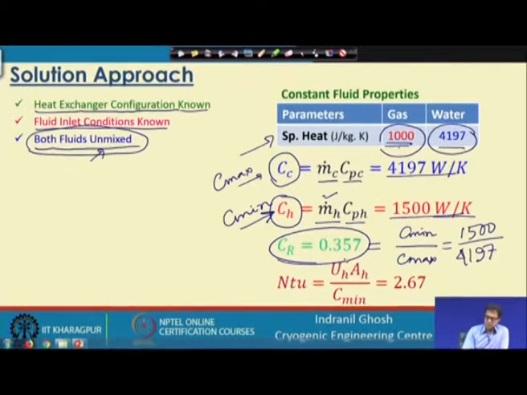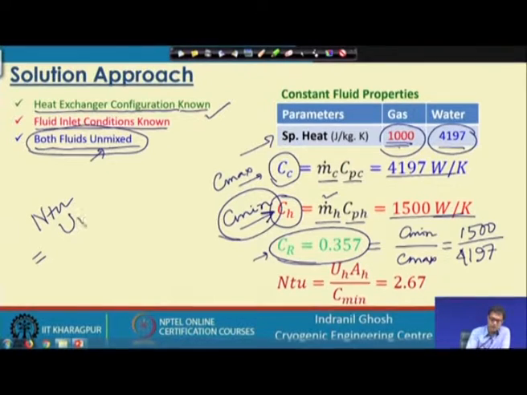Now, we have the C min value with us, we have the Cr value with us. We already said that the heat exchanger configuration is known. So, basically we will try to find out the NTU. NTU is equal to UA by C min, and for the hot fluid stream it is UH AH by C min.